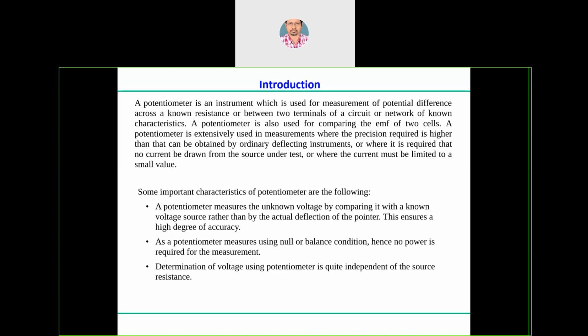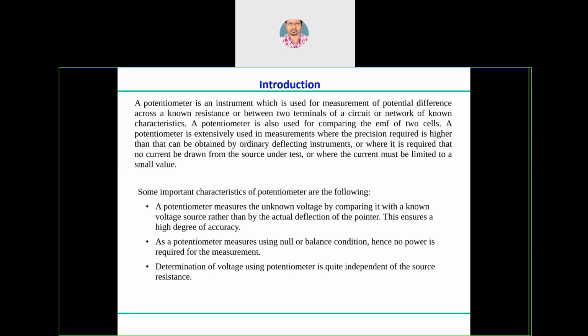Now from the source side, the available voltage is known. With respect to the fractional amount of resistance, there is some voltage which will appear across the terminals of the circuit or network, which is actually unknown. With the help of that, you will be able to calculate it.